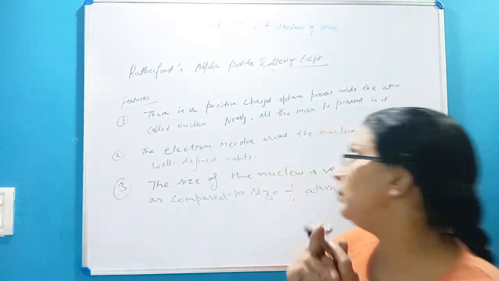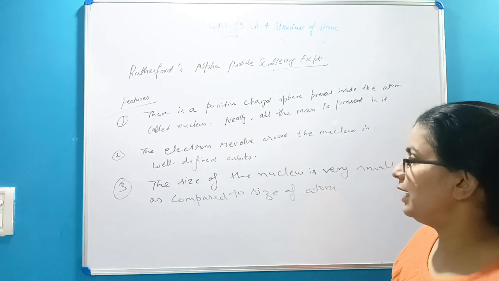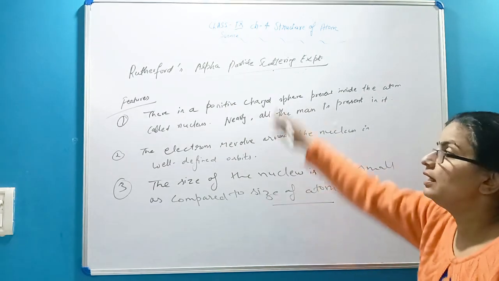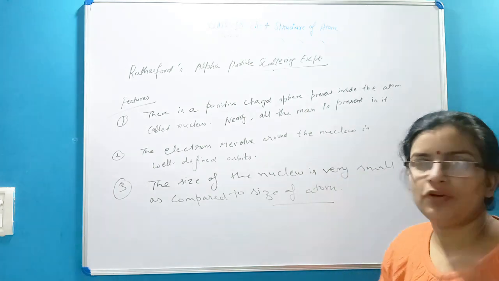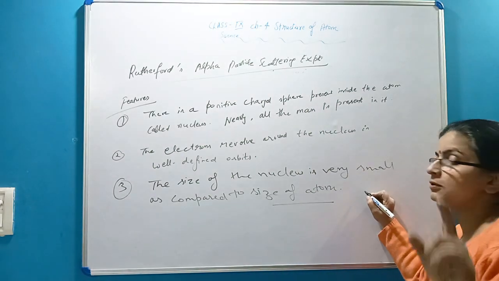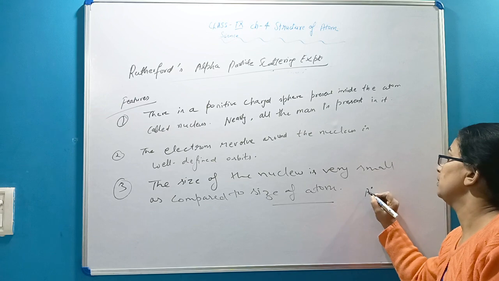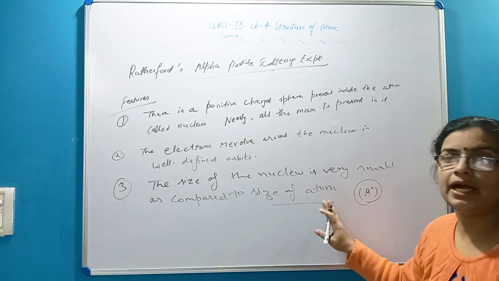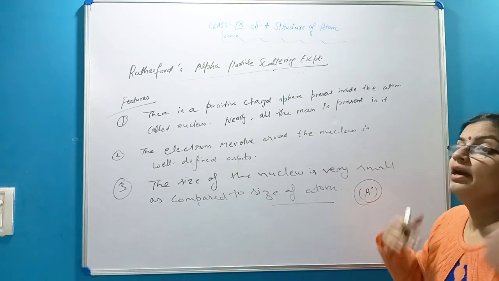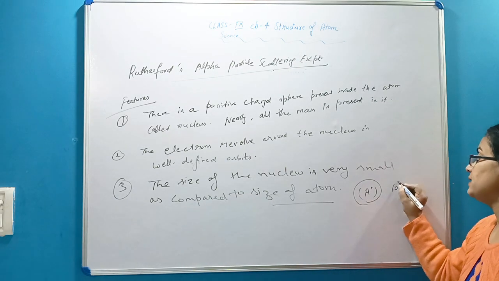Now, for the sake of knowledge, I am going to tell you the size of the atom. It need not be mentioned here, but it is some extra information. The diameter of the atom is in angstroms. Angstrom means 10 to the minus 10 meter.